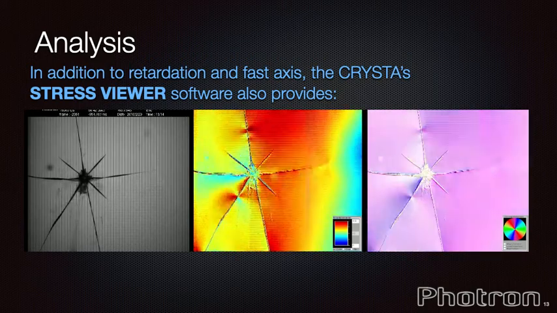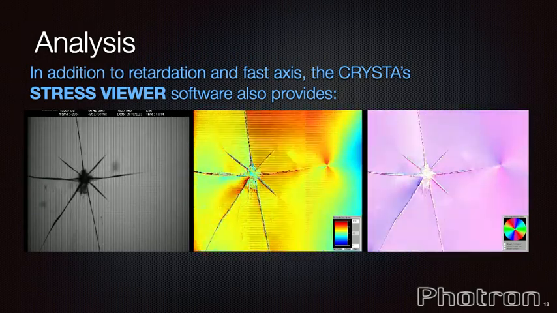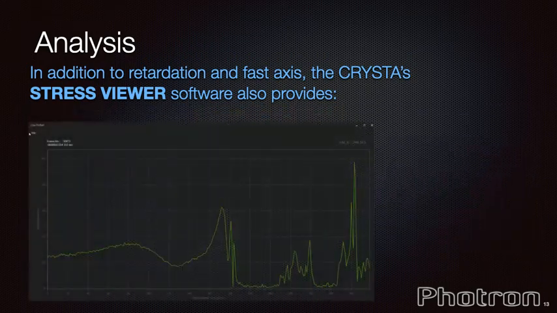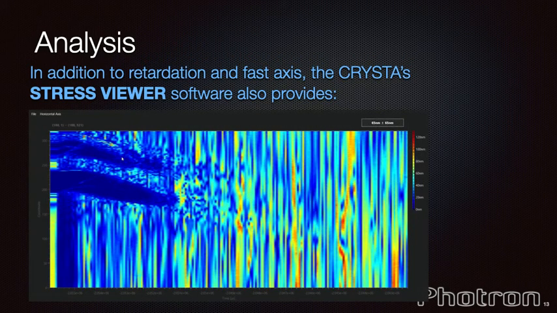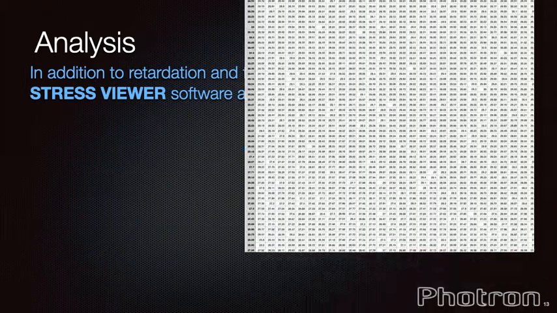As well as being able to display the retardation in nanometers and the fast axis orientation in degrees, we can also display the retardation across any line within the image area, time-space, which is the retardation as it changes through time on the line, and the values of any point in the displayed image. And of course, all data can be exported as comma-separated value spreadsheet data.